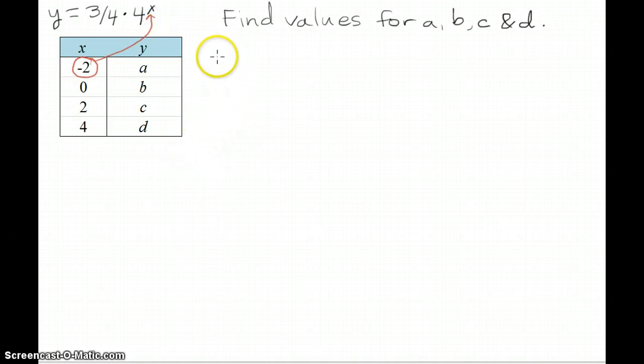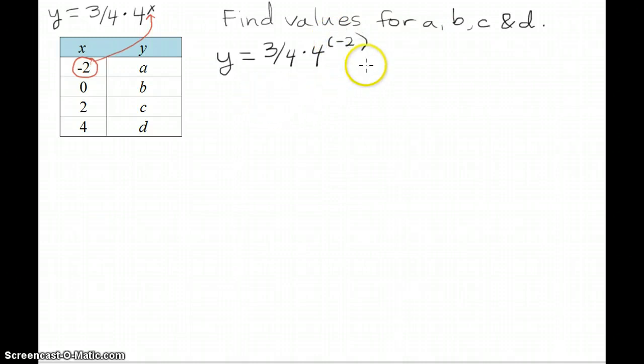When we do that, we get that y is equal to 3/4 times 4, and then instead of to the x power, we're putting -2 there, so that gives us 4 to the -2 power.